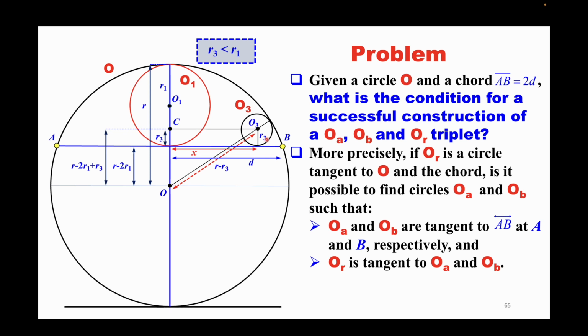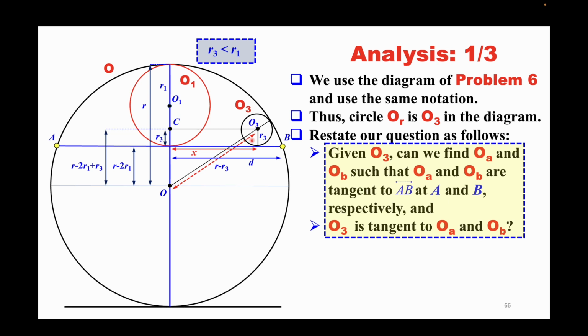What is the condition for us to construct an OA and OB and this O3 to be used as OR? So let's use the diagram of problem 6, and we use the same notation. So O3 is the circle OR in problem 5.